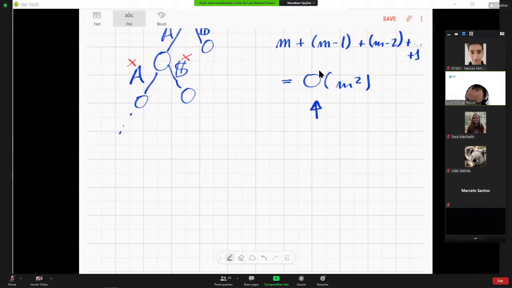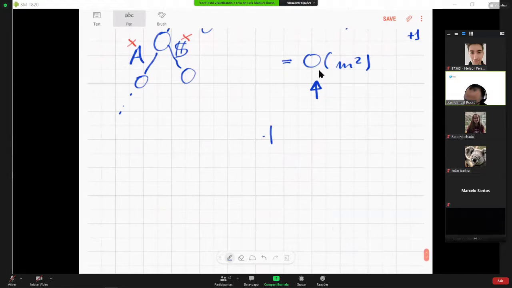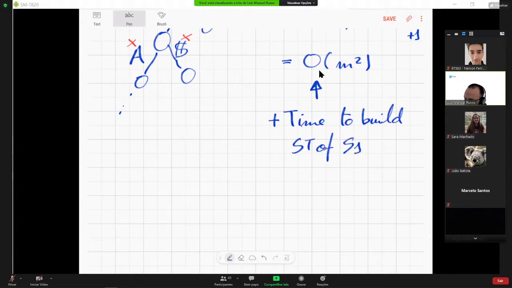So, the time to make the tree, okay, so I'll put here, plus the time to build the tree. But we are going to be able to build the trees in linear time, okay? To build the suffix tree of S1, but this is going to be O(n), right? So this is going to be linear, okay?